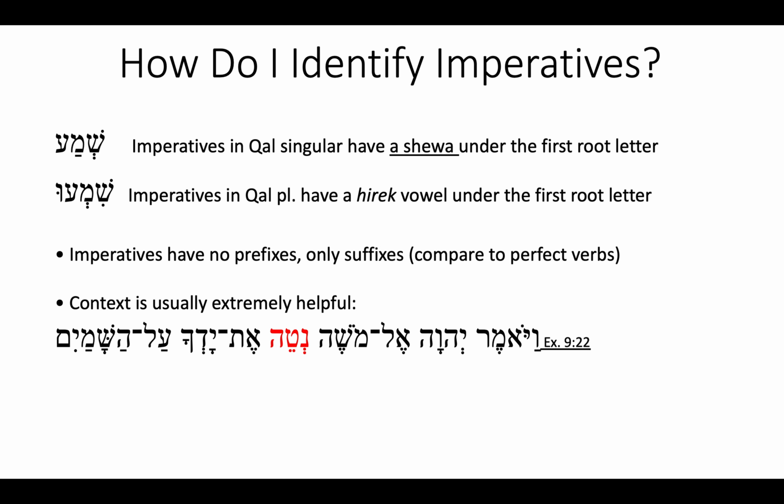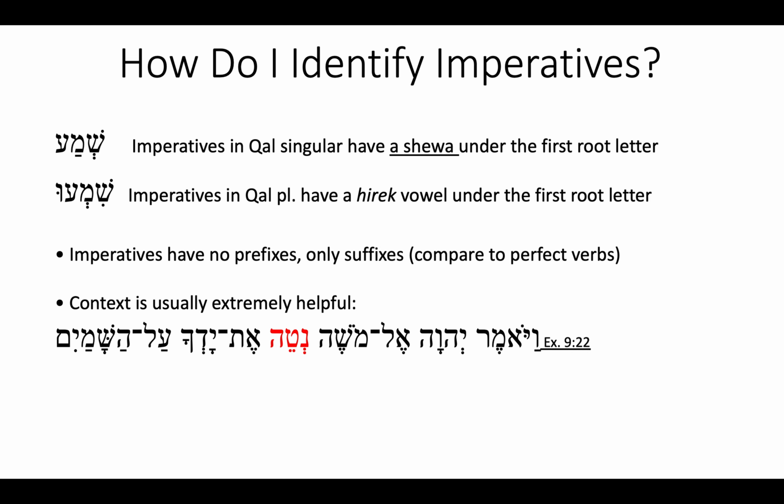Stretch out, and then et, what are we stretching out? Your hand. Al hashamayim, the al here is a little bit strange because usually we think of al as meaning on, but it's sort of over the heavens or over the sky. So stretch out your hand over the sky, and you'll have to imagine how that looks in real life.